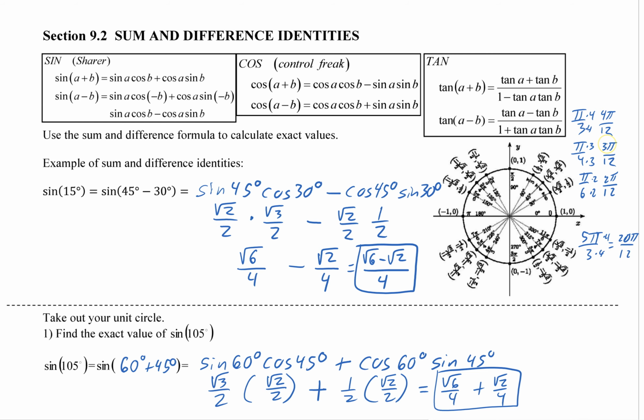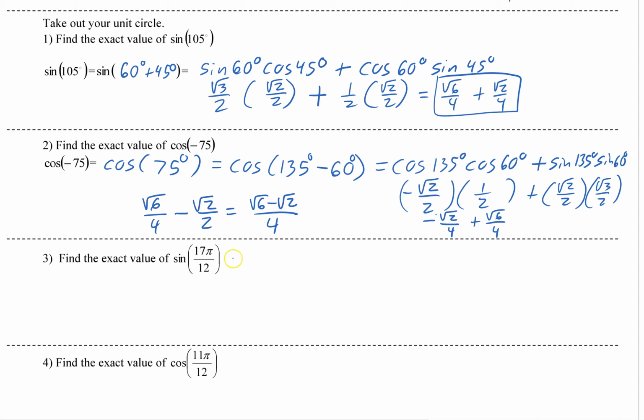And 20 take away 3 would be, you guessed it, 17. So coming down here, we can say that this is sine of 20 pi over 12 minus 3 pi over 12. And remember, when you put them here, make sure that they reduce down to our exact ratios up there, our exact radians. So this would be sine of 5 pi over 3 minus pi over 4.